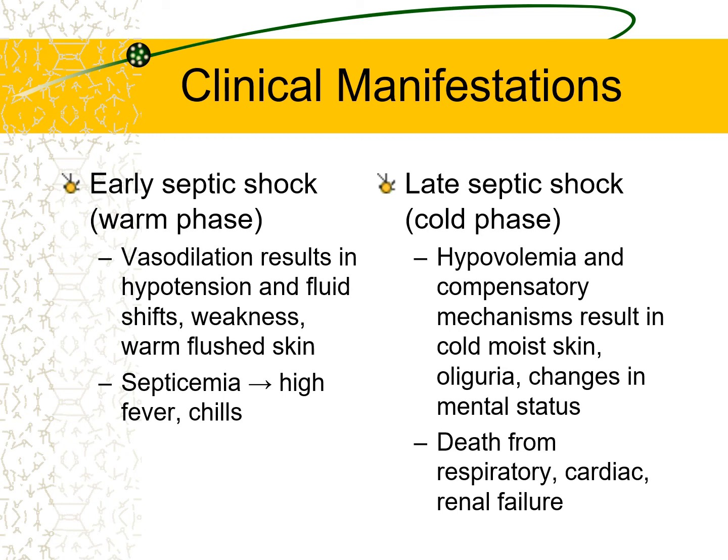Okay. And there can be death that results in the cold phase because of respiratory, cardiac, or renal failure. In this phase, you may see that the pulses are rapid, weak, and thready.